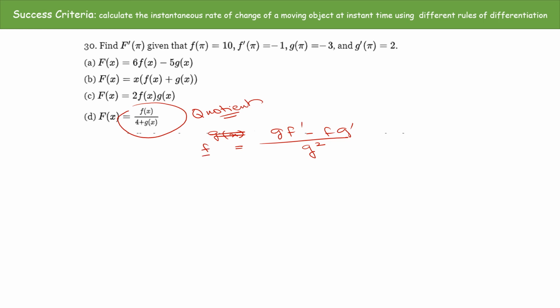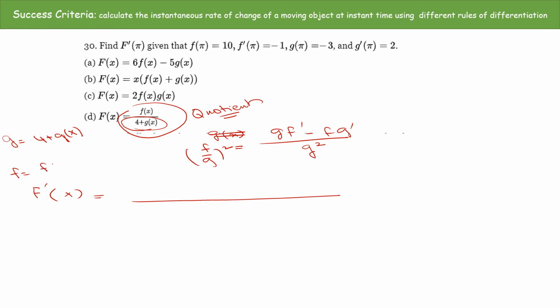So this is the quotient rule. How do we apply this rule here? You can see that in the denominator 4 plus g of x is written. So actually your g is 4 plus g of x and your f, according to the question, is f of x.